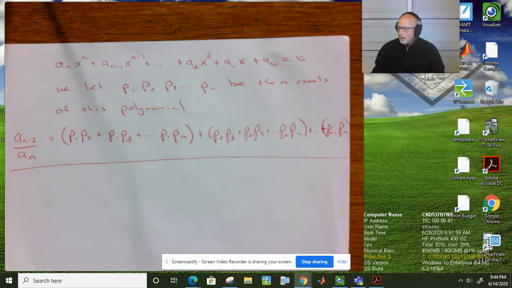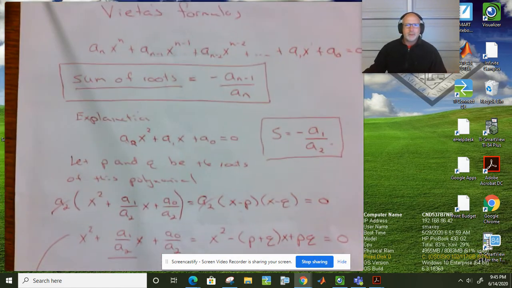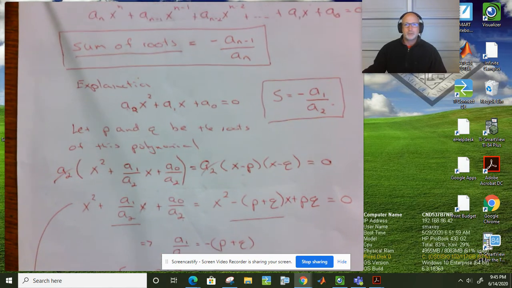I'm not going to do an explanation of this, but I could. It's based off of doing a little bit crazier multiplication, and I don't think that's imperative. It would be basically the same type of derivation that you would get doing it this way.